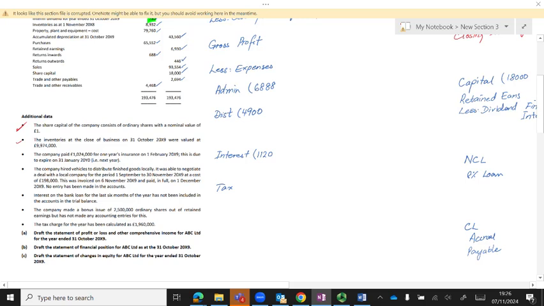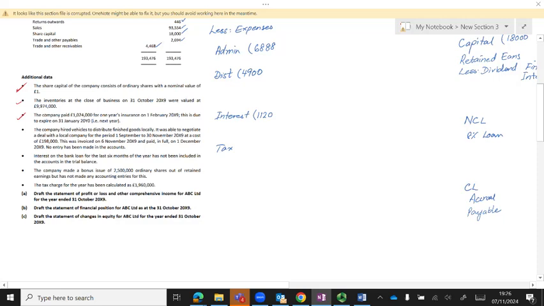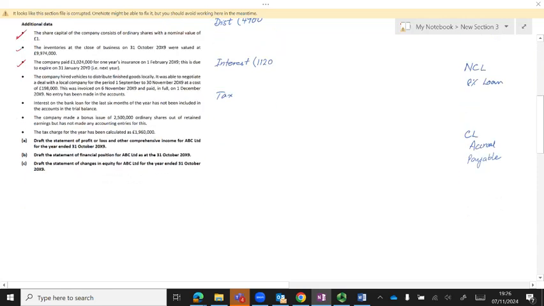Next, we have the third point, which says the company paid 1,024 for 1 year of insurance on 1st of February 2009. This is due to expire on 31st of January 2010.